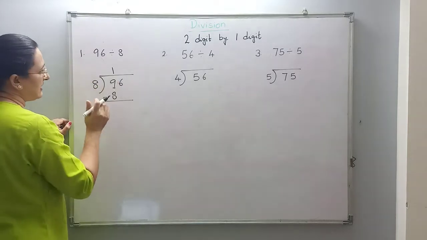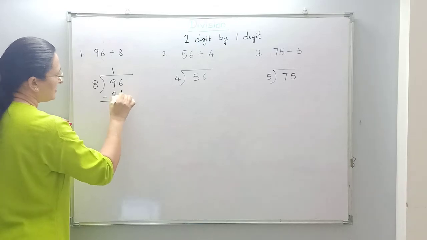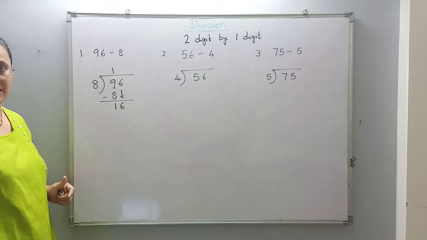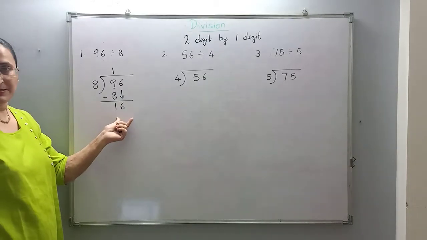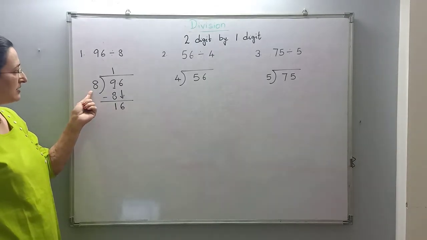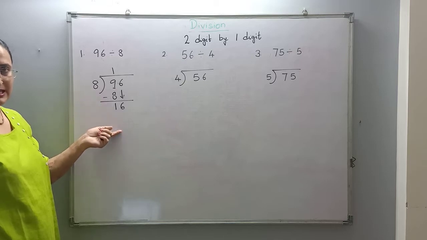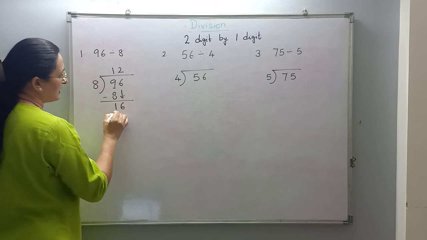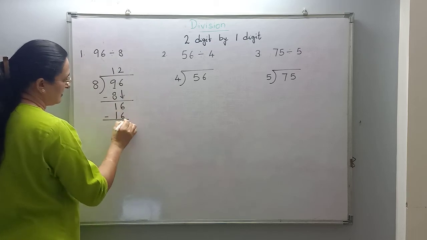So it's 8 1s are 8. 1 remains. Now we are going to bring this 6 down. It becomes 16. So when it becomes 16, 16 comes in the table of 8. So it is 8 2s are 16.